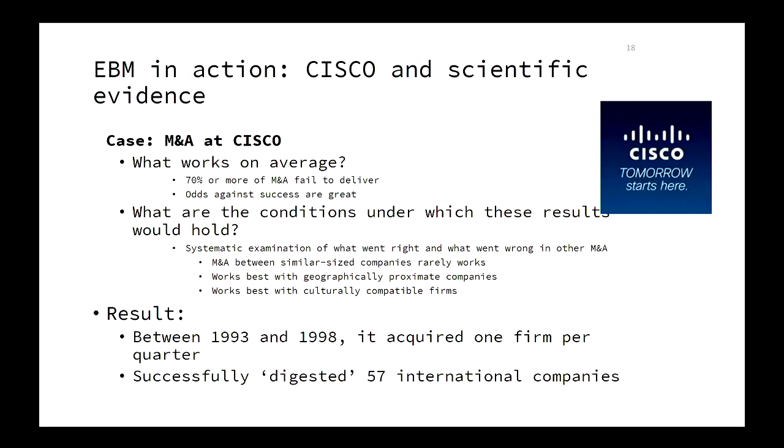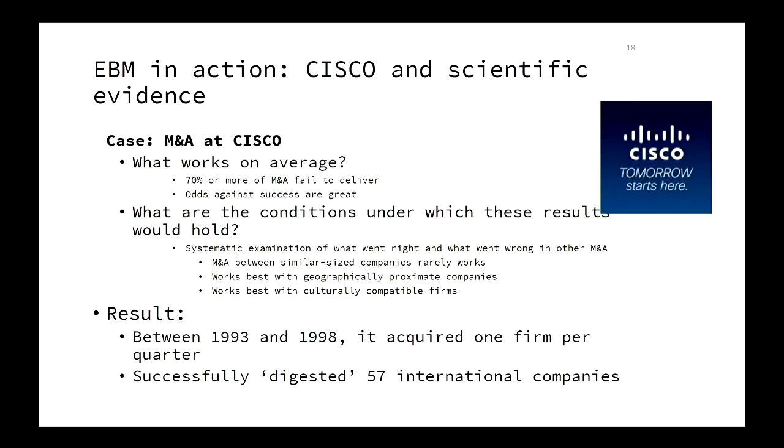They said, okay, fine, that's what most companies experience, but are there conditions under which mergers and acquisitions can work? There's variation. What is the experience of those 30% of firms that have had successful mergers and acquisitions? Why have they been successful where others have failed? So they looked at the scientific evidence on that. What are the conditions under which mergers and acquisitions can be successful?